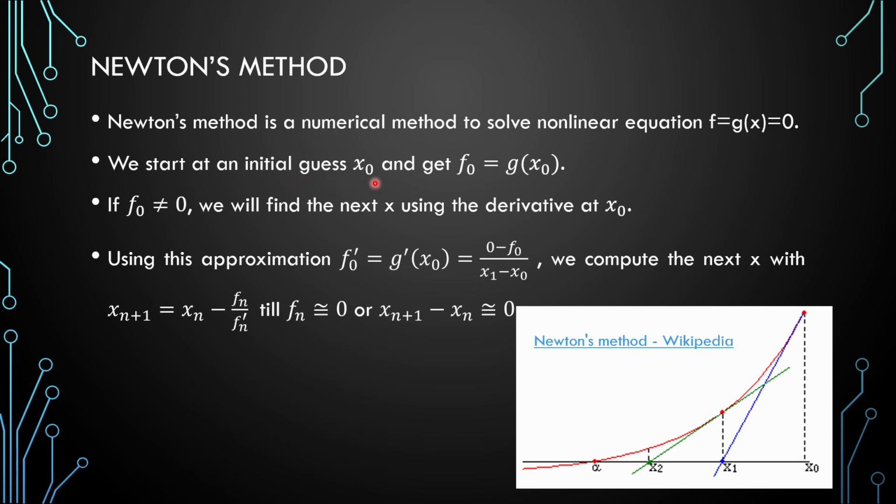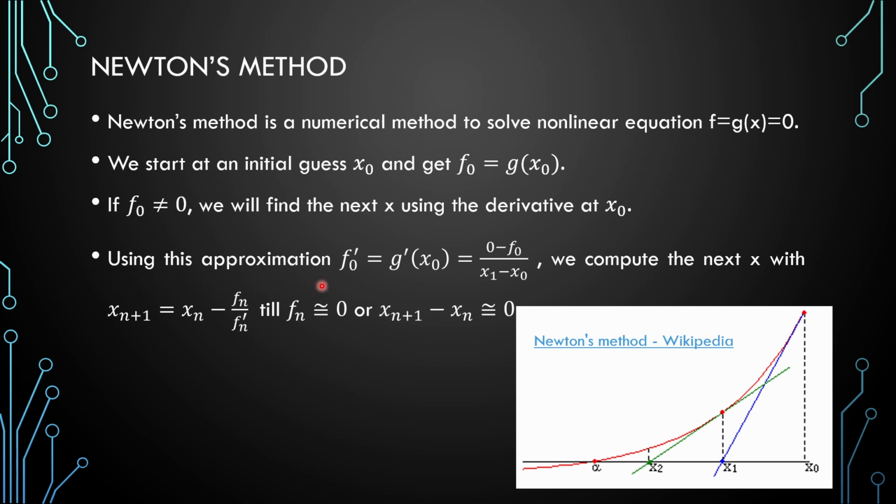If we plug x0 into the nonlinear function g, we get f0 equals g of x0. If our initial guess is not good enough, so that f0 doesn't equal 0, we keep finding the next x by using the derivative information at x0.